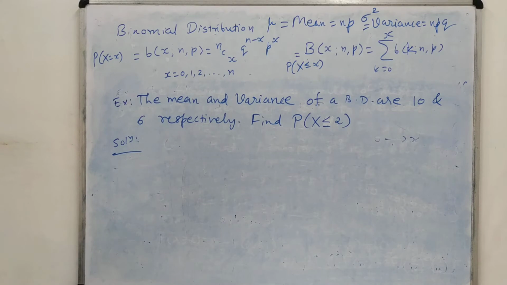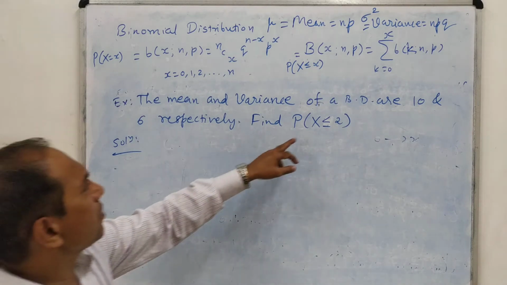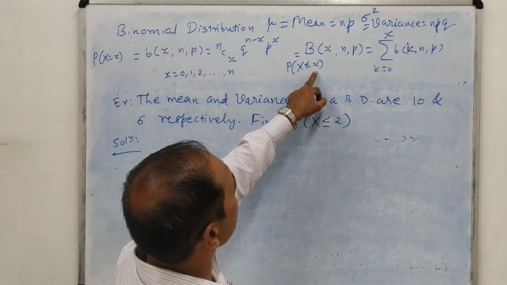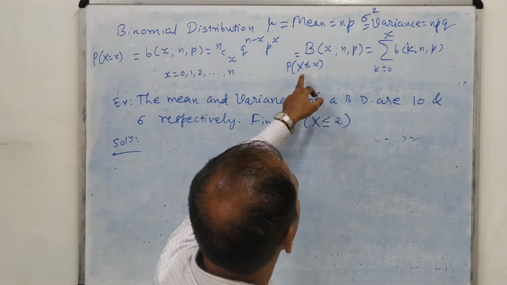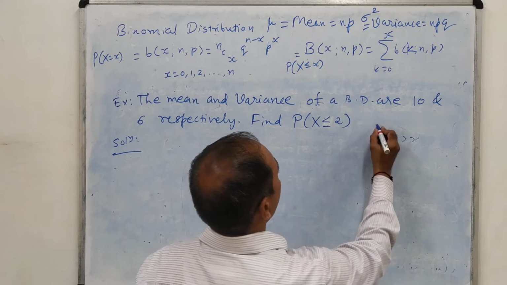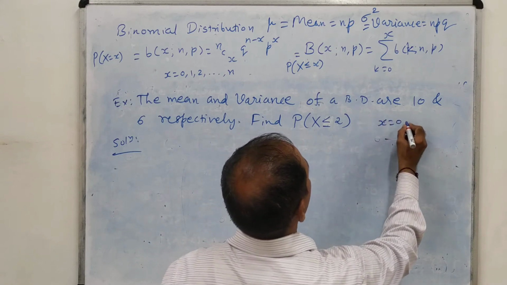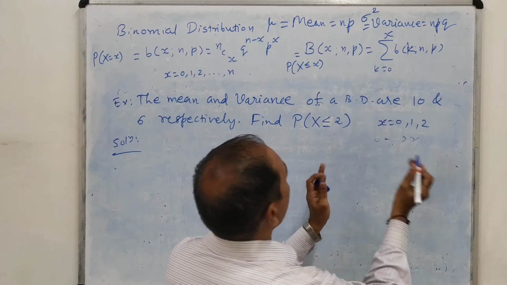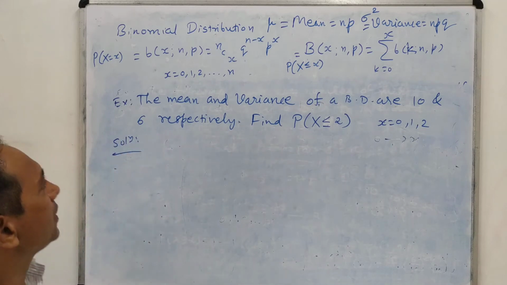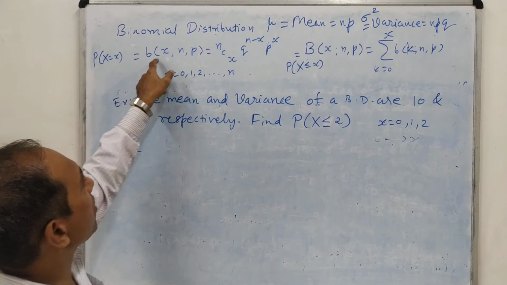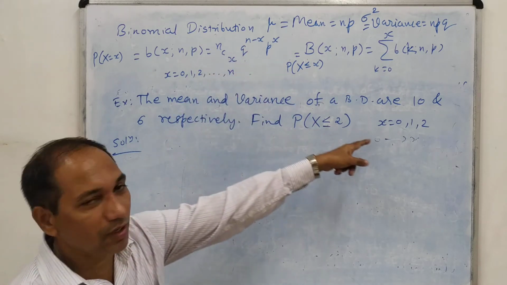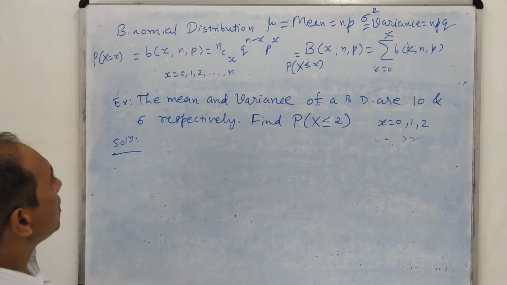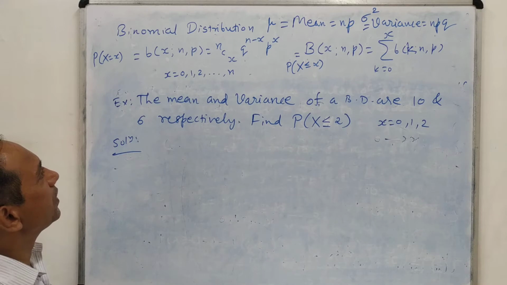So we want to use this concept: the probability for x equal to 0, then 1 and then 2, and combine these three probabilities. But to find these probabilities we require the values of p, q and small n, because x is already there. So how do we find n and p?